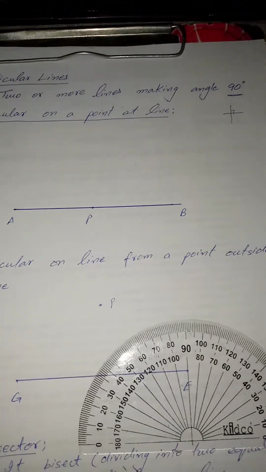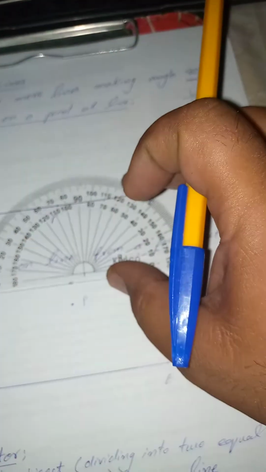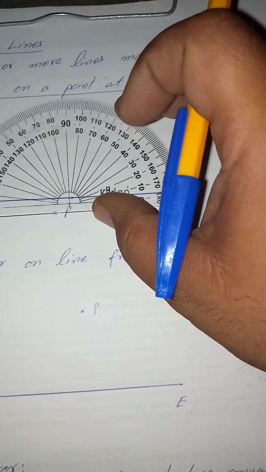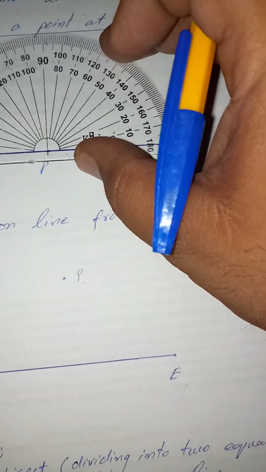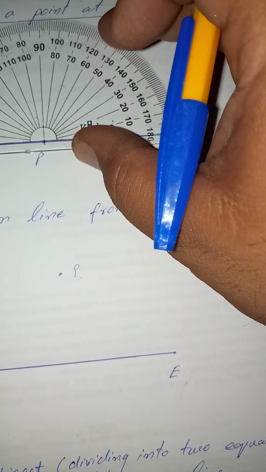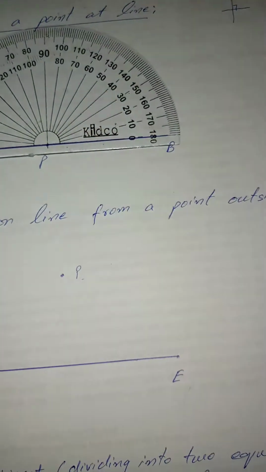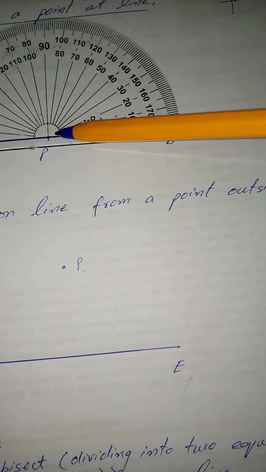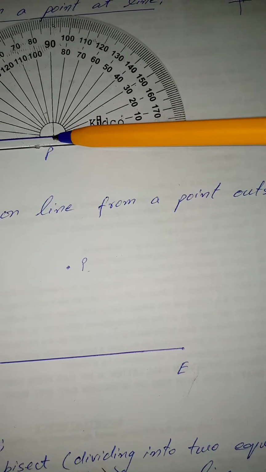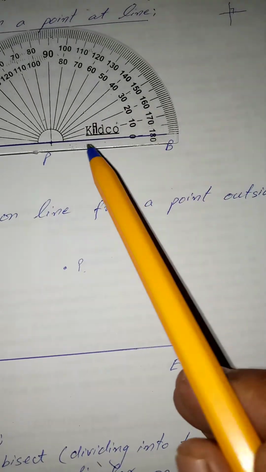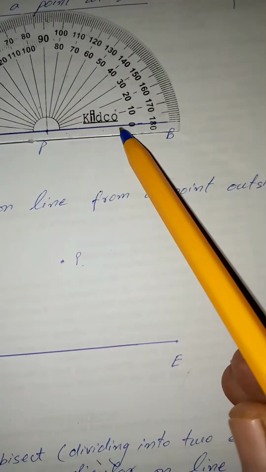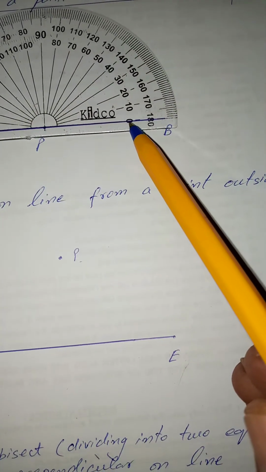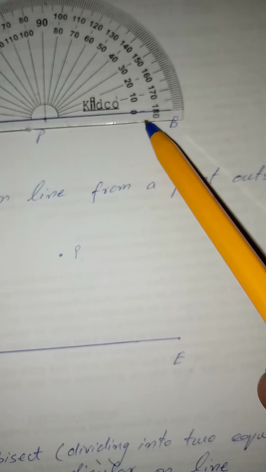Okay, there are a number of methods. First of all, using a protractor, we need to place the protractor so that this cross is at our given point P, and the horizontal line of the protractor coincides with the line AB.